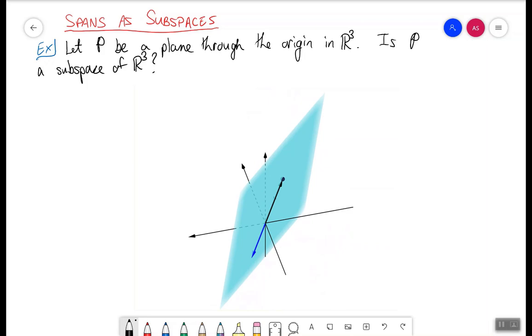This suggests, but again does not prove, that our plane is closed under scalar multiplication. And finally, together with our observation about addition, this suggests, but as I've said a bunch of times before, does not prove that our plane is indeed a subspace of R3.